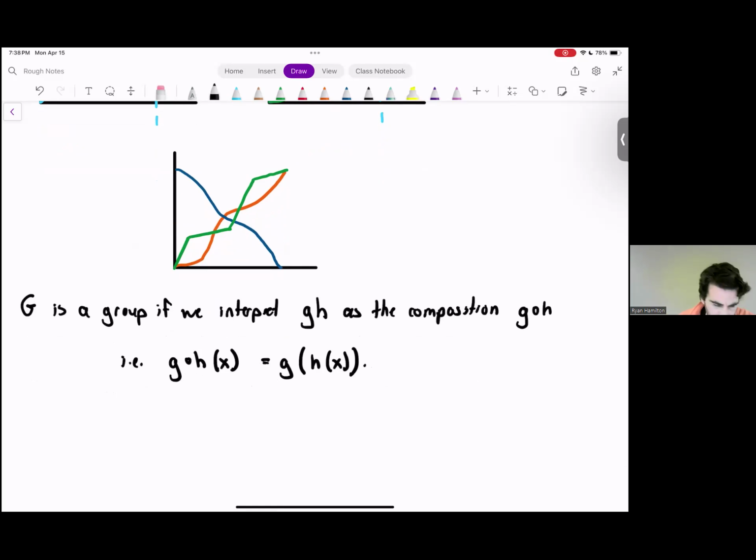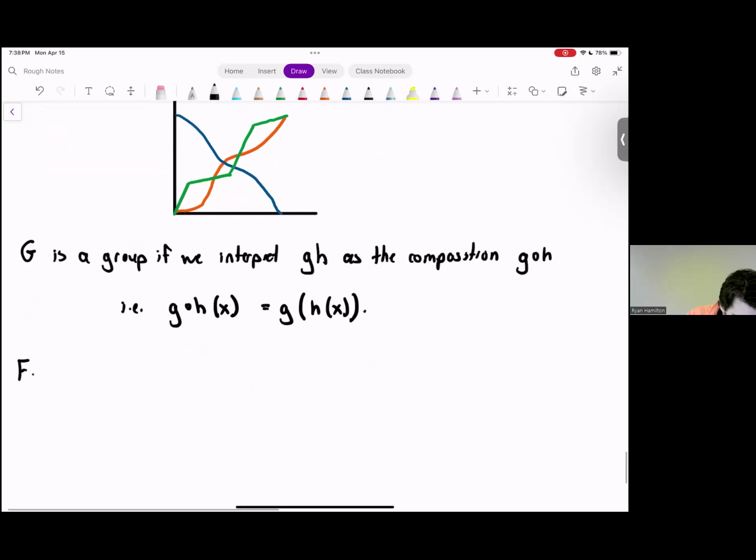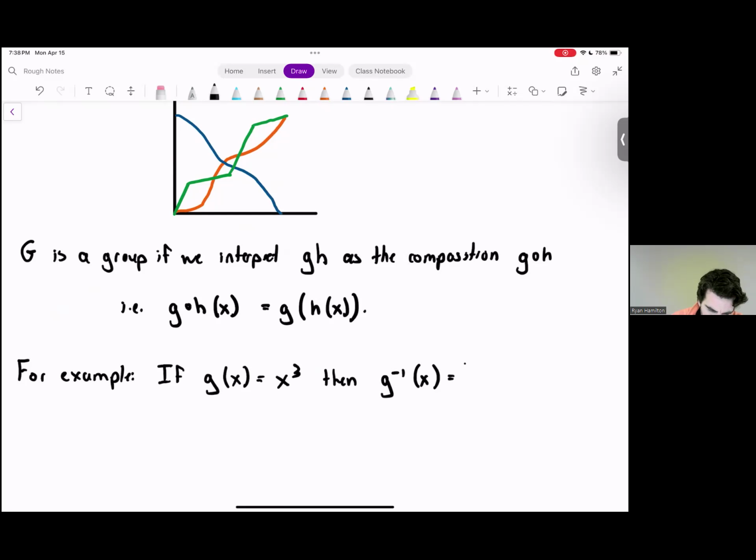Okay, so for example, if G of x were something like x cubed, then G inverse of x is the cube root.